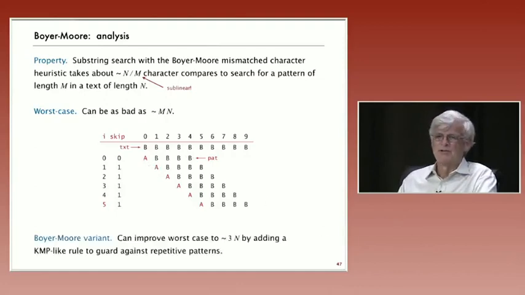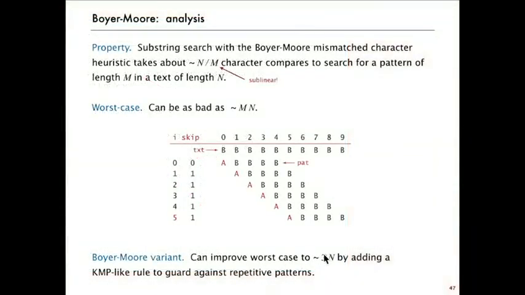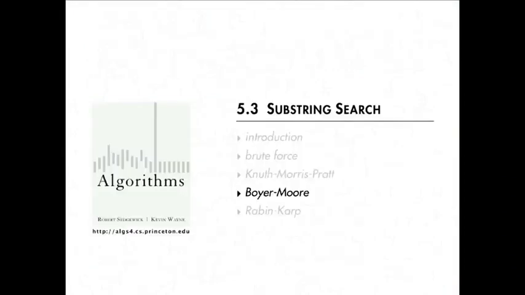But actually what you can do is build something kind of like Knuth-Morris-Pratt to make sure that you don't do something like this with a repetitive pattern. And you can get the worst case to linear. But it's really of importance for intermediate length patterns because you're so often going to be able to get this N over M performance. And that's a widely used algorithm, the Boyer-Moore algorithm.